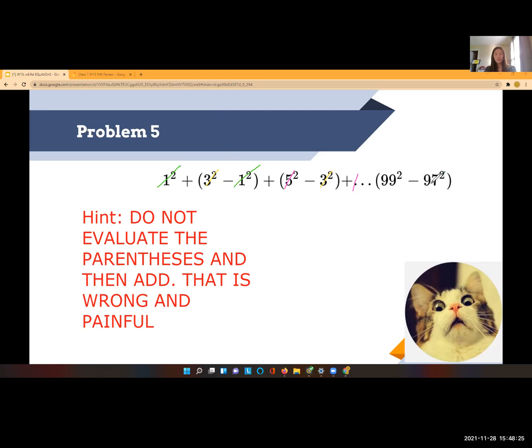The 5 squared will also cancel out until you get to 99 squared minus 97 squared. So we can extrapolate that the term before that is 97 squared minus 95 squared. And the 97 squareds are going to cancel out, but the 99 squared is left. And there's no minus 99 squared. And so that is our answer.